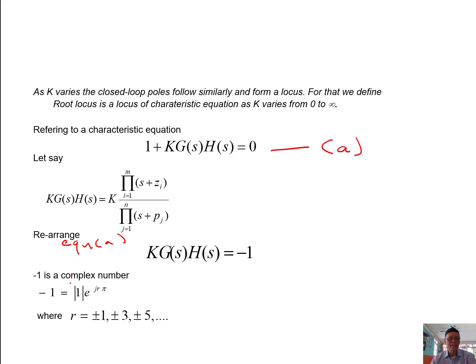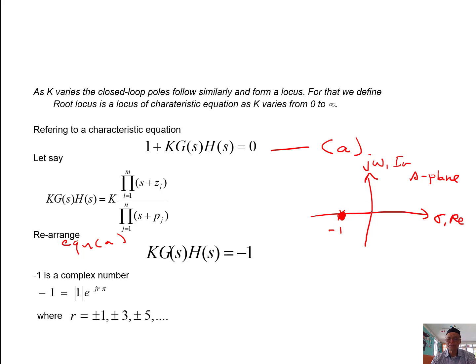Minus 1 is actually a complex number. If you draw minus 1 in the complex or the S-plane, this is the real value, which we call sigma, and this is the j omega or imaginary values. So minus 1 is here. This is minus 1, so this is a complex number.